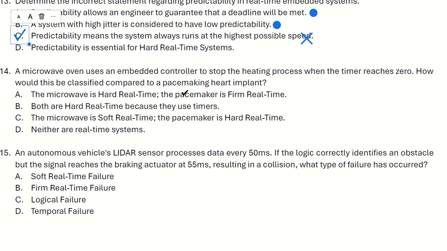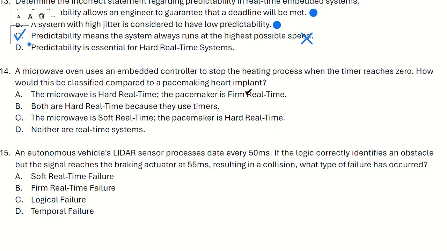Okay, next is about the microwave oven that uses an embedded controller to control the heating process. When the timer reaches 0, how would this be classified compared to a pacemaker implant?